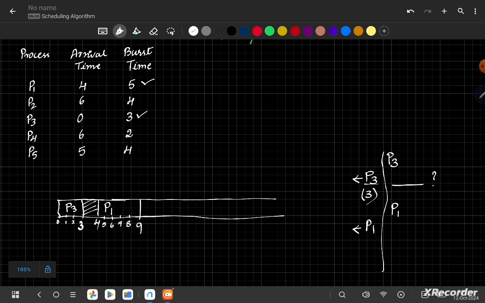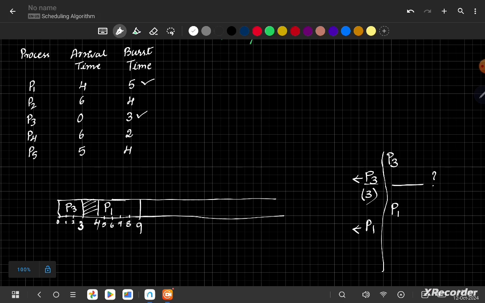So P1 completes its task by the 9th millisecond, because from 4 if you add 5 it will be 9. Now P1 completed the task.